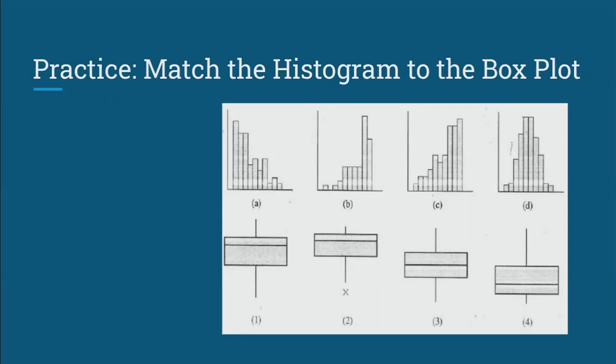So A is 4. So that's why I asked you to make sure that you had that little visual summary, because again, it tells you what you need to look for. So now let's look at B. Is B left skewed, right skewed, or symmetric?